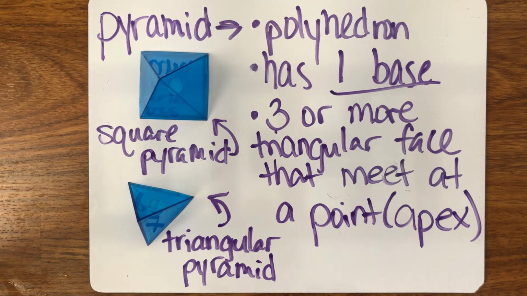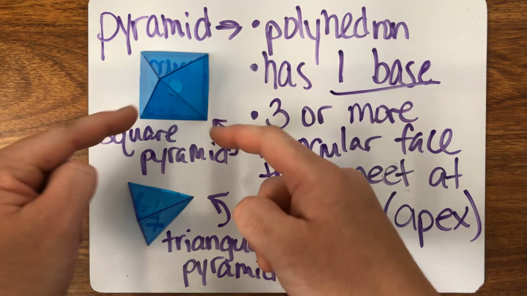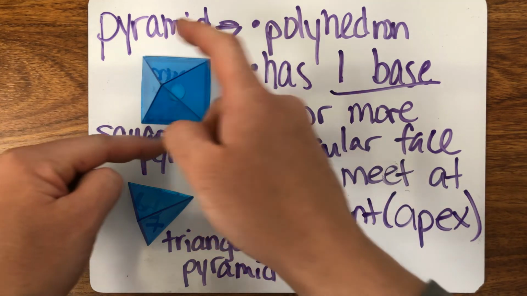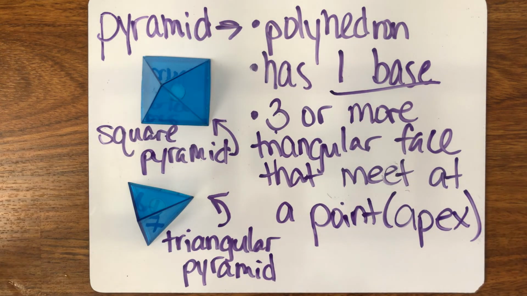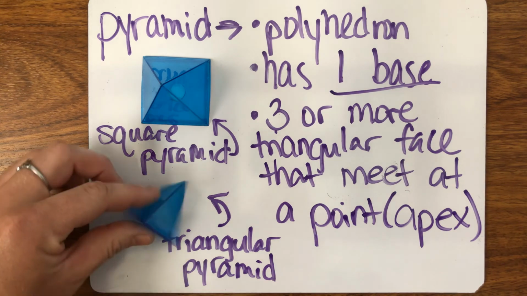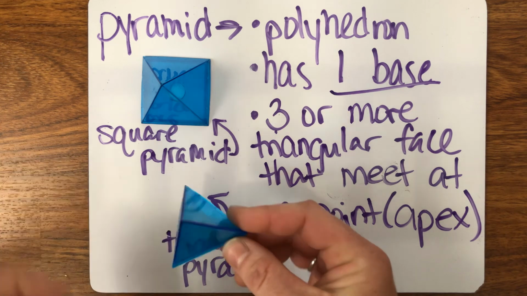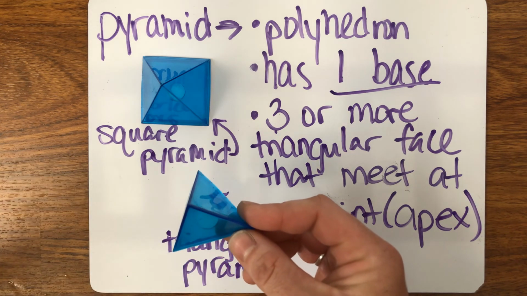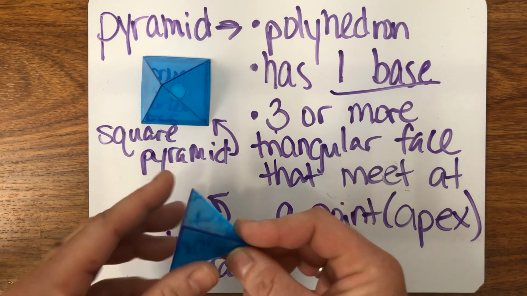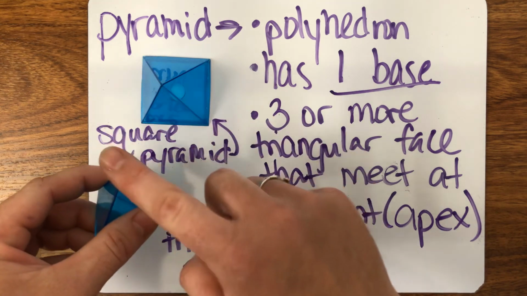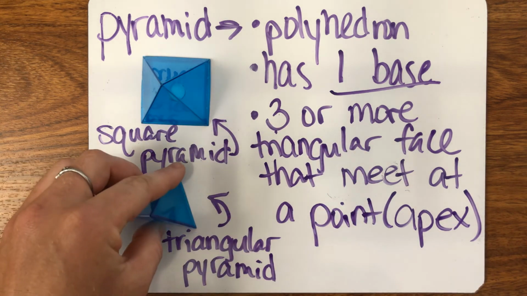Triangular pyramid has a triangular base. And if you look, squares have 4 sides, so there are 4 triangles on its face. Triangles have 3 sides, so there are only 3 triangles for its faces. All right, and they all come to the point which is called an apex.